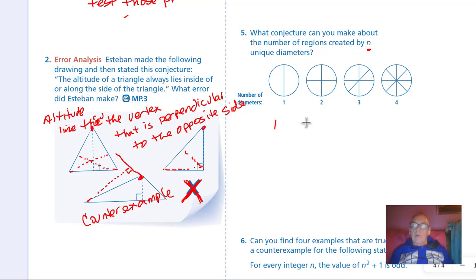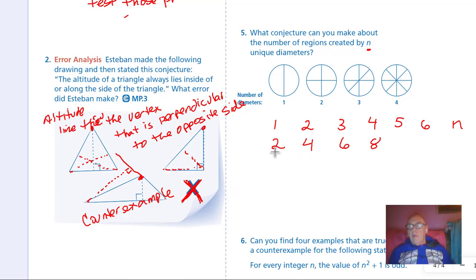So 1 diameter, 2 diameters, 3 diameters, 4. And let's maybe go for 5 and 6. And then we'll try to find out what the rule would be. With 1 diameter, we have 2 regions. 2 diameters, 4 regions. 3 diameters, 6 regions. 4 diameters, 8 regions.